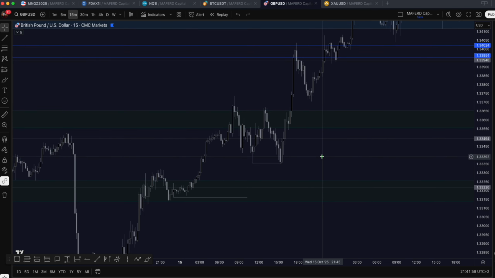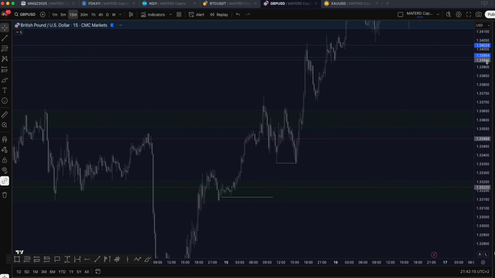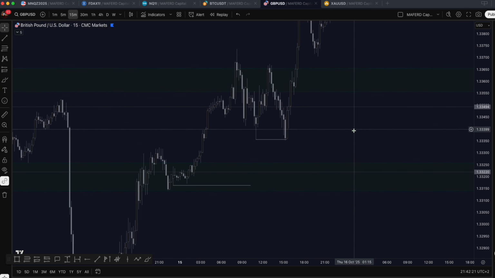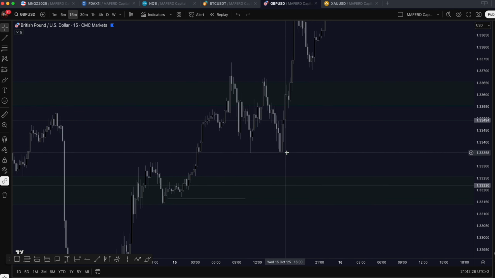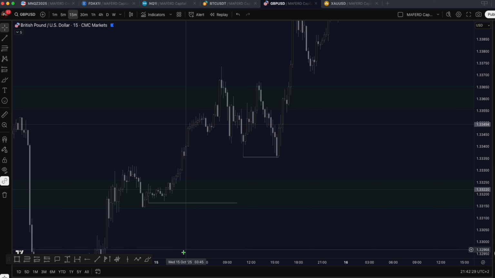Why? Because during the New York session you can get amazing reversals, especially when there is huge momentum, like in this case. So what I did was I marked out the Asia low and the London session low. In fact, the price came there just before the New York market open.